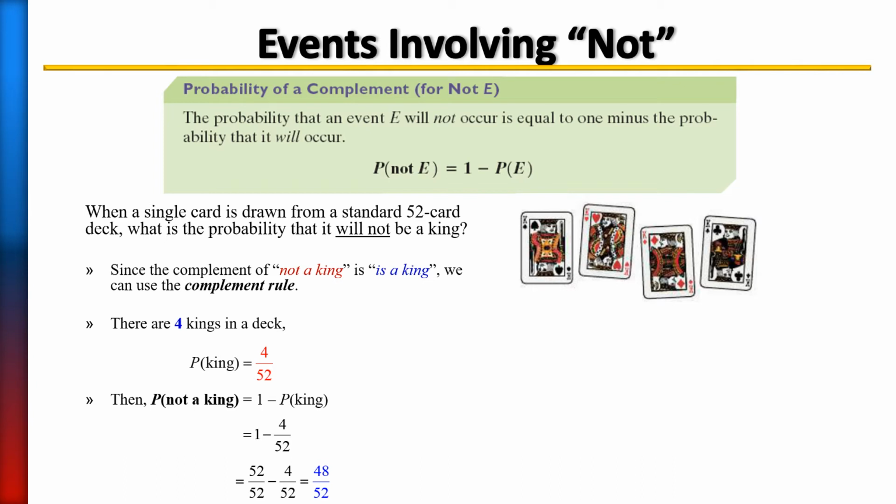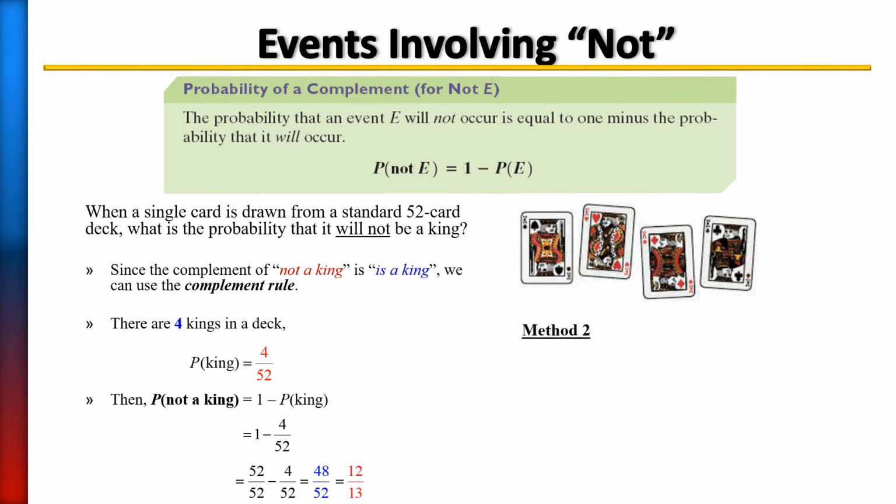Now that's just showing you how this method works. Honestly, for a problem like this, it would just be easiest to take your deck of 52 cards, subtract these 4 kings from it, take them out of the deck of cards.